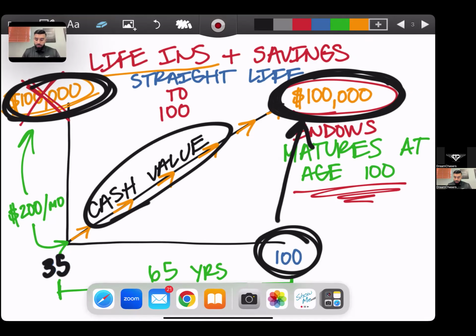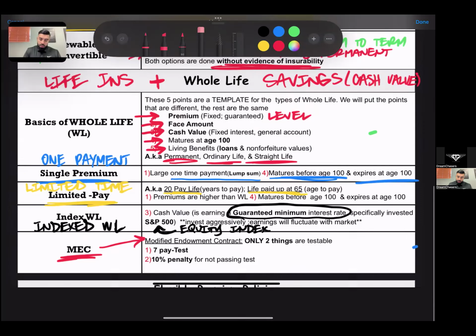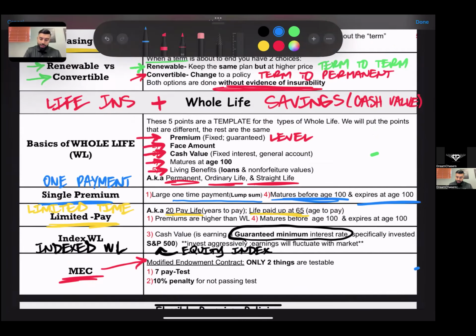So what ended up happening was the IRS created what was known as a 7-pay test. What this 7-pay test is where the IRS is pretty much going to look at that policy to make sure that it's not being overfunded.